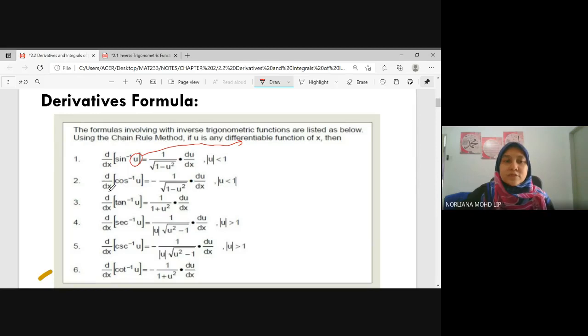The second one is the differentiation of inverse cos, which equals negative 1 over square root 1 minus u square times du over dx. Number 3 is the differential of tangent inverse u, which equals 1 over 1 plus u square times du over dx.